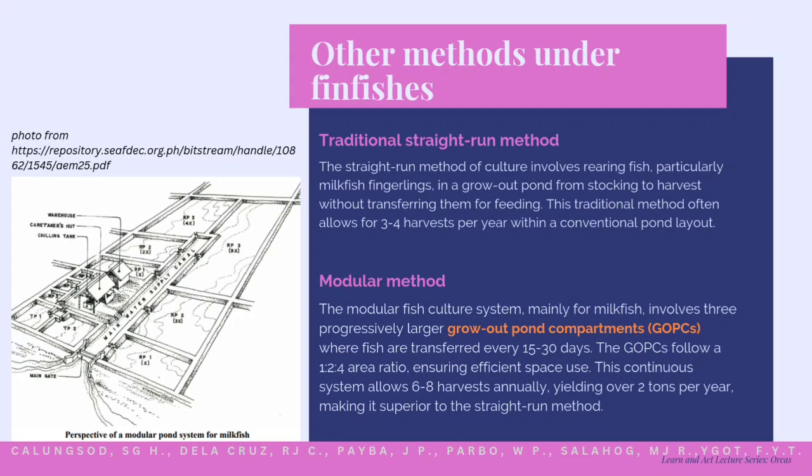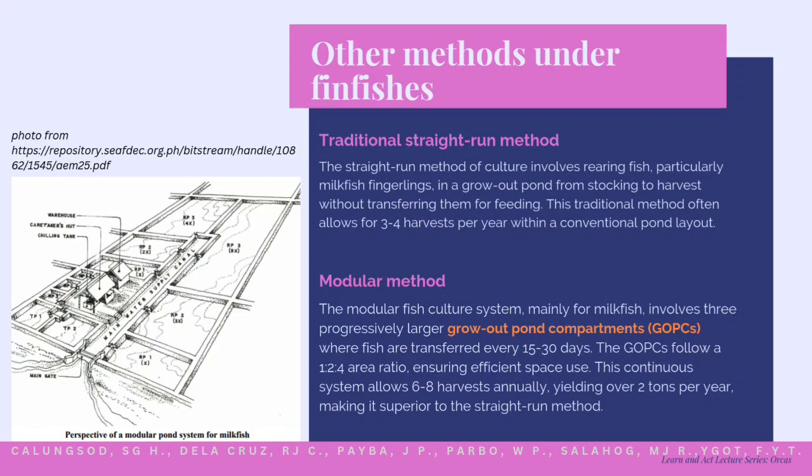This continuous system allows 6 to 8 harvests annually, yielding over 2 tons per year, making it superior to the straight run method. An example of the modular method: a farmer starts with a nursery pond, transfers fingerlings to a grow-out pan at 50 grams, and later moves them to a final grow-out pan for fattening before staggered harvesting.